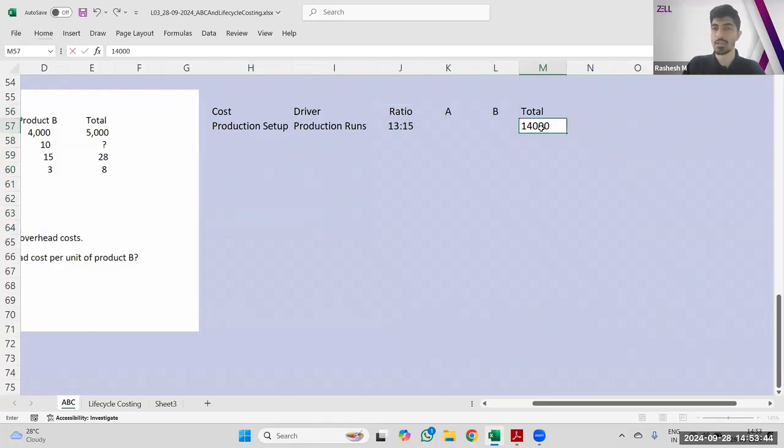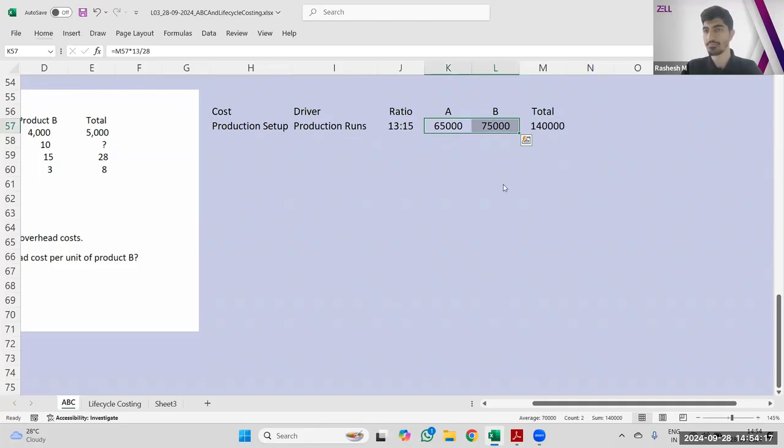So my 1,40,000 goes to my 2 products as 13 divided by 28, simple ratio allocation, and 15 divided by 28. 13 is to 15 is my ratio, total is 28. These two need to add up to 1,40,000. Only then I know I have done it correctly.